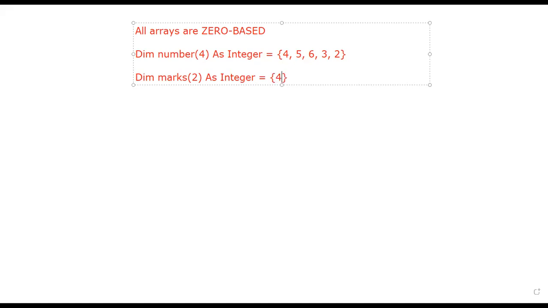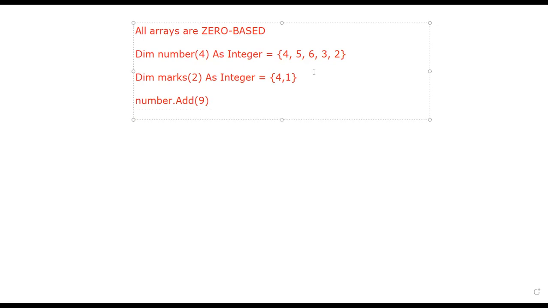We want to say this is 4 and 1. Now, if I take the first array, which is number, and I do number dot add, then I specify the value I want to add. So let's say I want to add 9, an element 9.